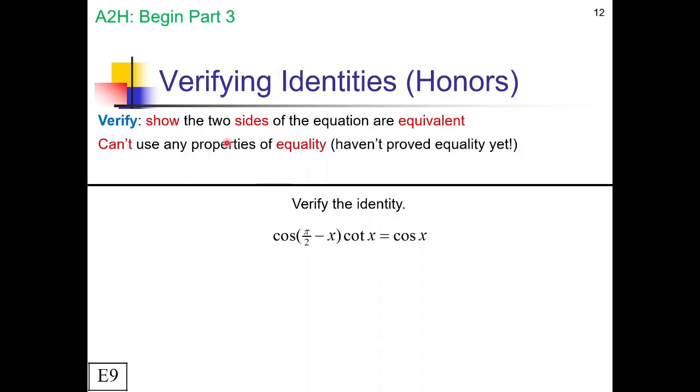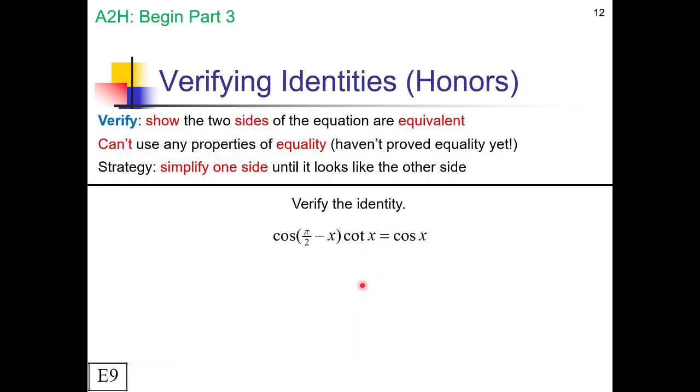So since we can't use any of the properties of equality, because again we haven't proved equality yet, that means we can't do things like add something to both sides or divide both sides of the equation by cotan or anything else like that. So what does that leave us with? Our general strategy on these, since we can't treat them like an equation, is we are just going to simplify one side of the equation until it looks like the other side. And you actually could do one side or the other side, or you could simplify both sides at the same time.